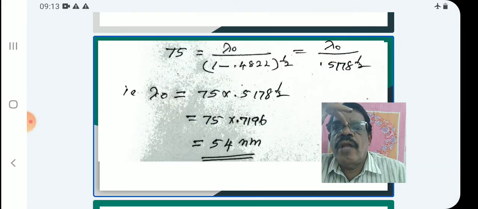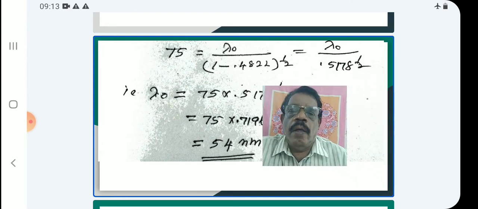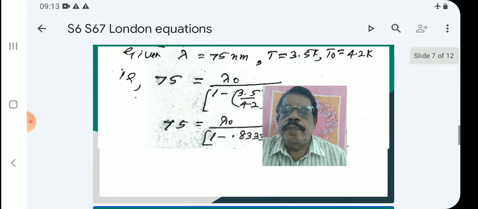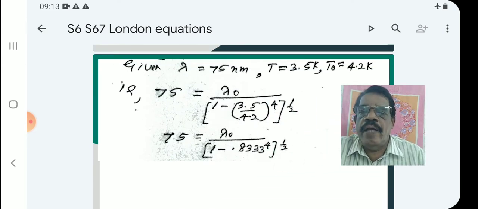That is 75 is lambda 0 by 1 minus (3.5 by 4.2) raised to 4, the whole raised to 1 by 2. 75 is lambda 0 by 1 minus 0.8333 raised to 4, the whole raised to 1 by 2.